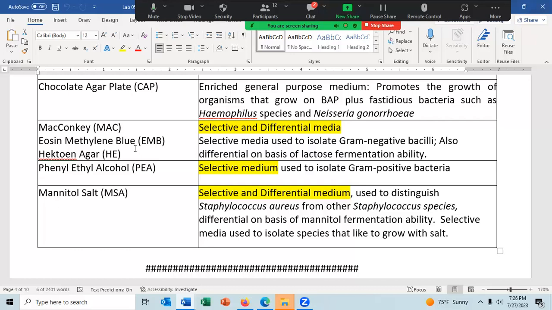If it does ferment the sugar mannitol, the bacteria will be yellow or will have a yellow halo around it, meaning the agar will turn yellow around the colony. If it does not ferment the sugar mannitol, that won't happen. It won't be yellow. Any question about any of that? All right.